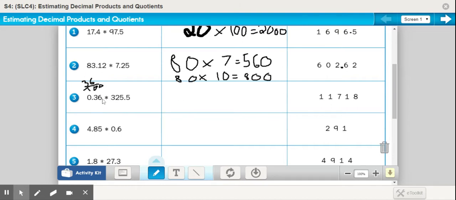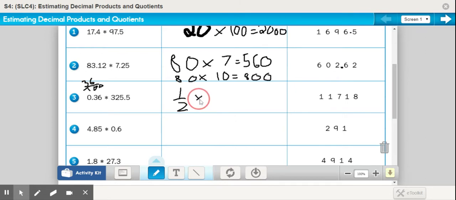Doesn't that 6 tell the 3 to go to a 4? Multiplying with 4/10 might be a little bit difficult. 4/10 is pretty close to a half, so we could call 36 hundredths just a half. That's okay, because we know how to multiply by a fraction.